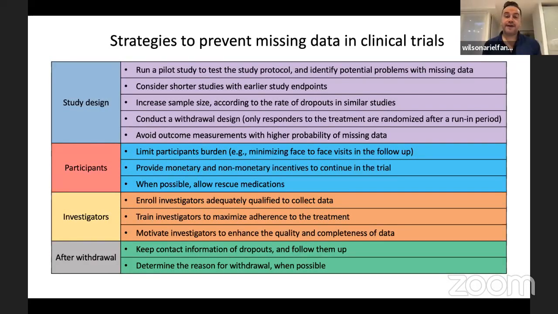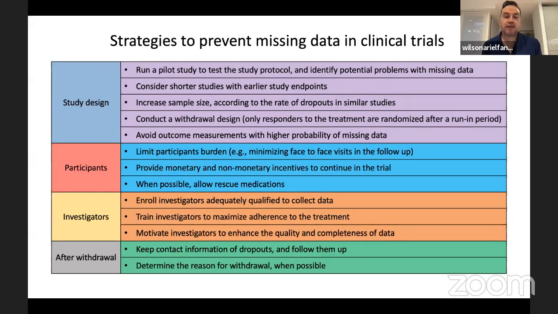Definitely, Udo, definitely. I think it's all about planning, and I don't think there's anything wrong in writing in the protocol and trying to get patients to consent that in case they withdraw, they will give us at least the chance to follow them up just to understand better what happened. I think this is a great strategy as well, and I would say most patients would agree with this, because if they decide to withdraw, that's their decision.